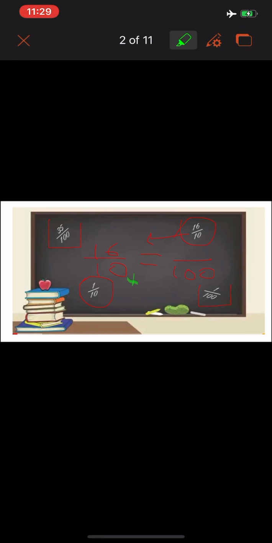We just multiplied both numerator and denominator by 10. Why by 10? Because 10 times 10 equals 100. So we will multiply both the numerator and denominator by 10 to get the new fraction that is equal to the tenths. Okay, the fraction will be out of 100. So what is it? 16 multiplied by 10 is 160. So this is the equivalent fraction to the 16 tenths, right?